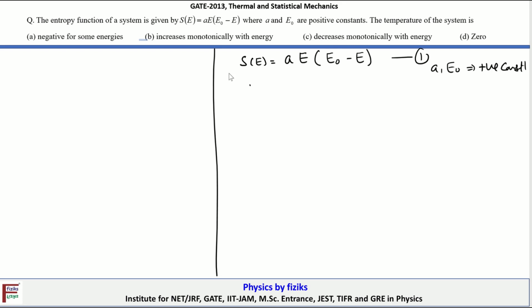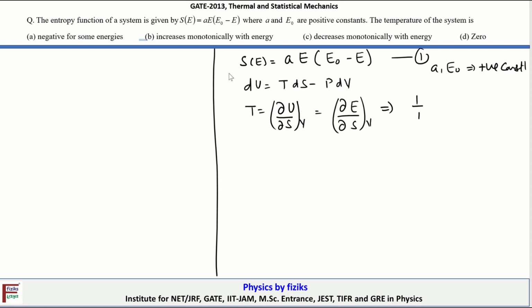The temperature of the system is asked. Because we are given the expression for entropy in terms of energy, we can correlate the temperature with the entropy and energy by making use of the thermodynamic relation for the change in internal energy, dU equal to TdS minus PdV. From here we notice that T is equal to dU by dS at constant V, or, because the notation E is used for the energy here, dE by dS at constant volume. So 1 by T is equal to dS by dE at constant volume.